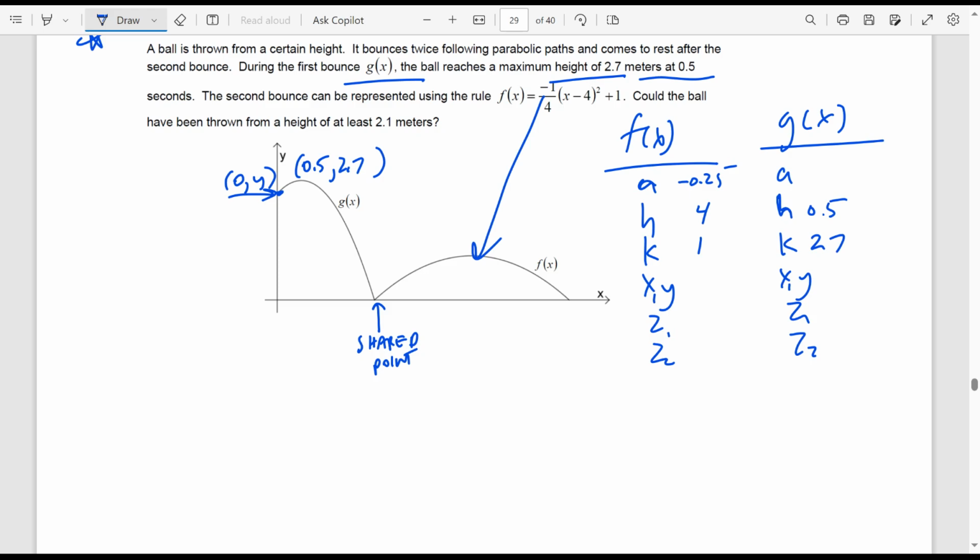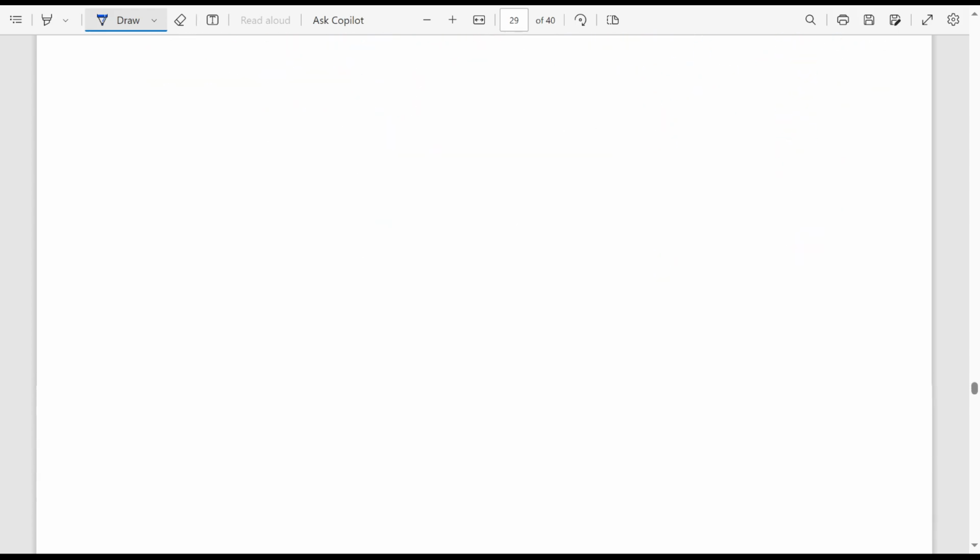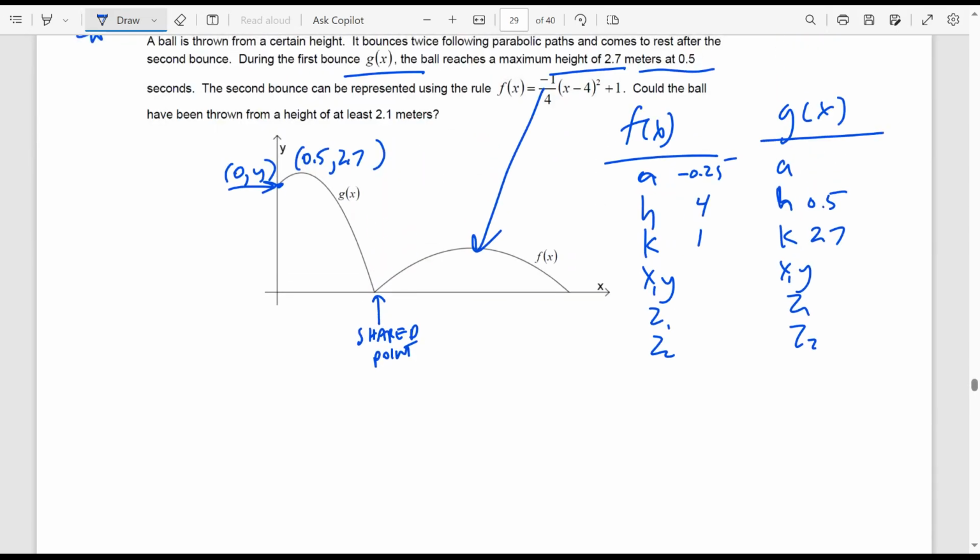Where this question is tough is now that you have to know that the second zero of g of x, so, right, g of x has a z1 and a z2, and f of x has a z1 and a z2. It has two zeros as well.